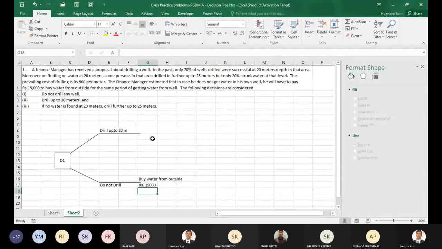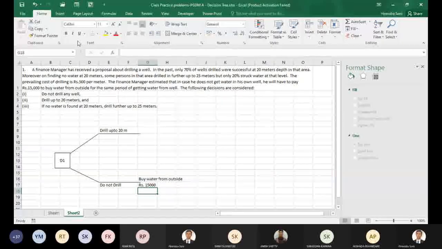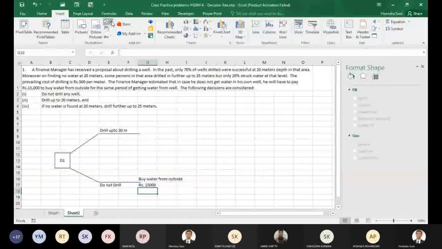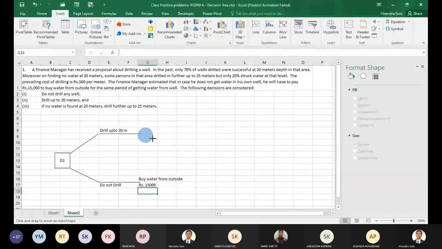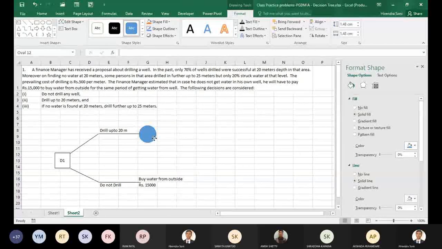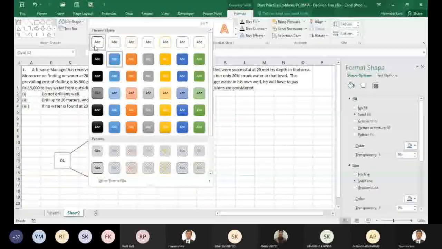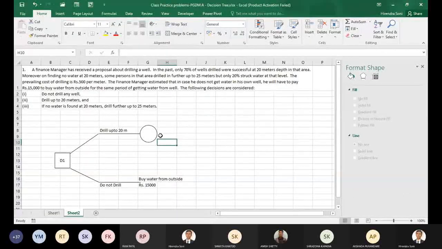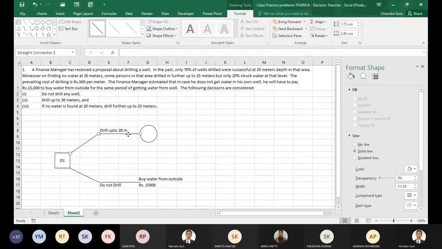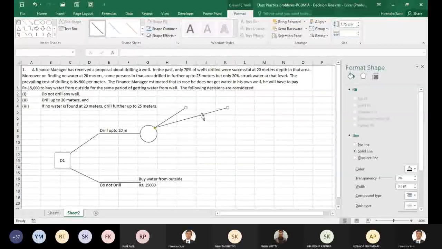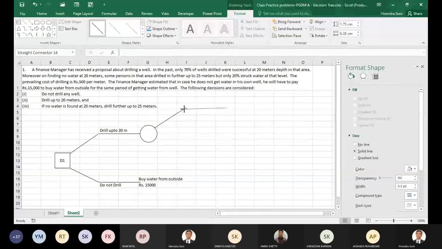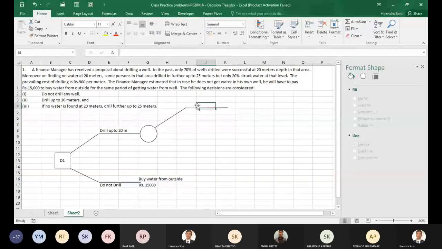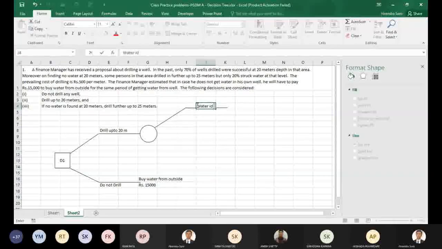Okay. If I'm drilling up to 20 meters, now there is a possibility of me either getting water or not getting water, correct? So that means, if you got water, what is your cost up to here?